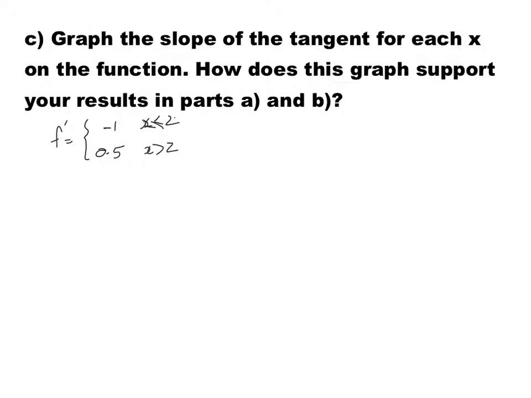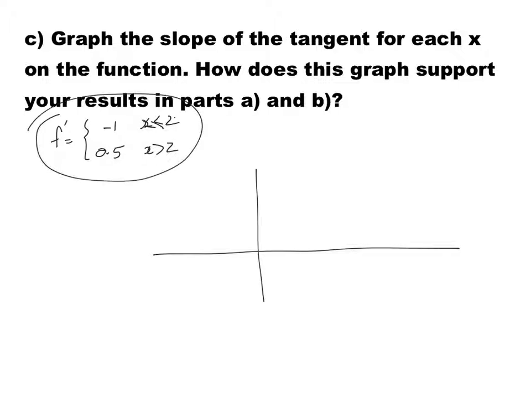The next part of the question says, graph the slope of the tangent for each x on the function. How does this graph support your result in parts A and B? If we plot f prime, which is defined as -1 for x less than or equal to 2, and 0.5 for x greater than 2, we are going to get this graph. This is our x, this is our function f prime, 1, 2.